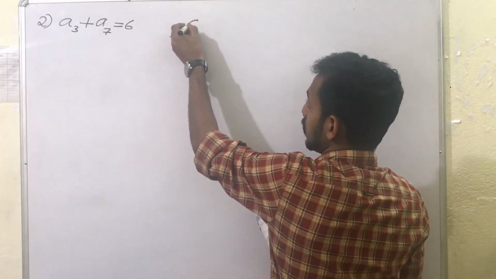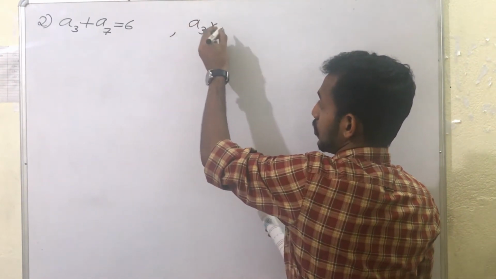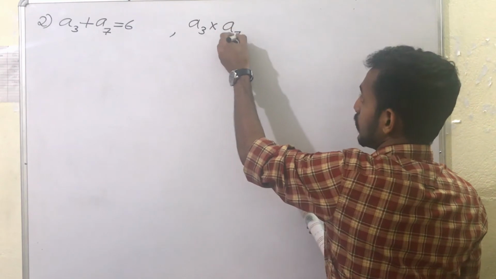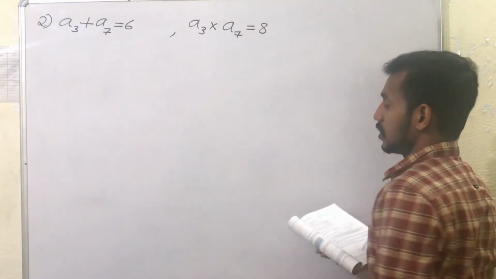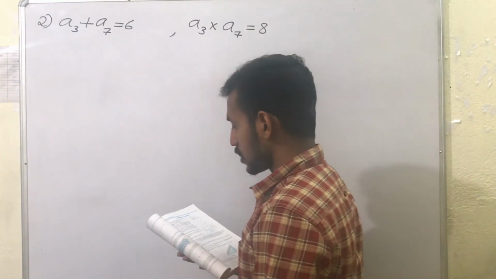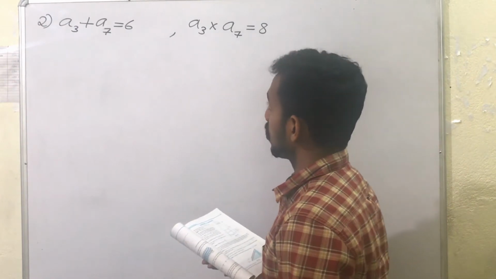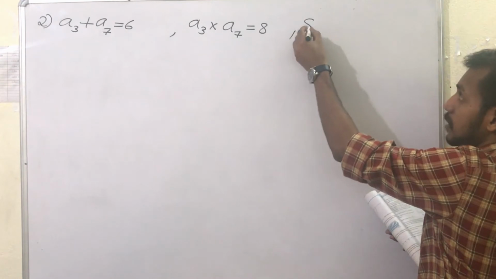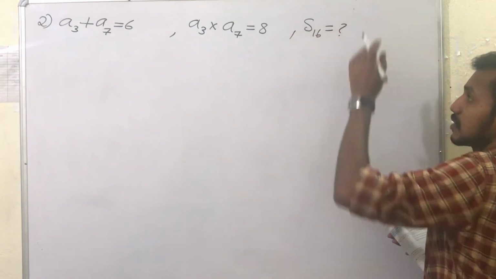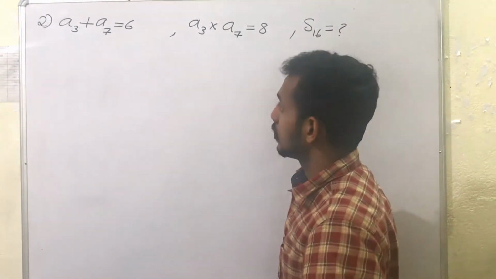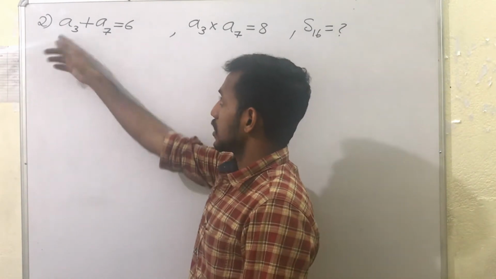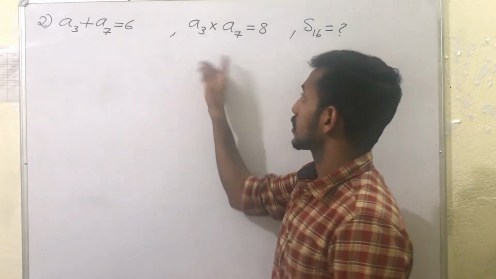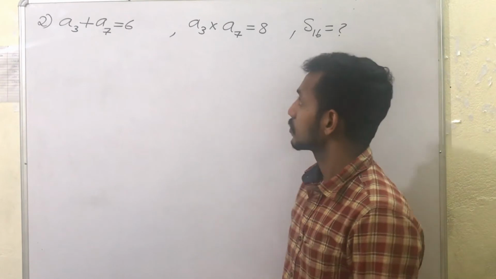Also given their product, that means the product of the third term and seventh term is 8. Find the sum of the first 16 terms of the AP. What we have to find? We need to find the sum of the first 16 terms. Here it is the sum of two terms, here it is the product. Clear?